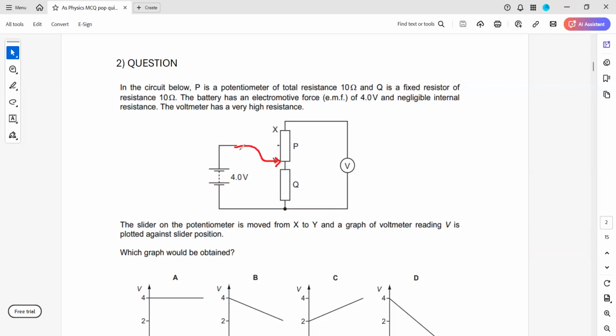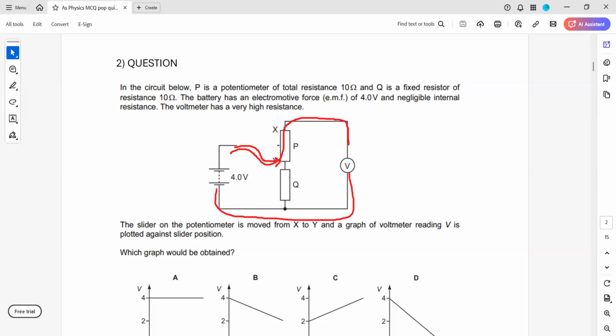So what will happen? The voltmeter is recording the total potential and it is in parallel to the battery. When we have a separate connection, it means that this is another loop, or it is in parallel.